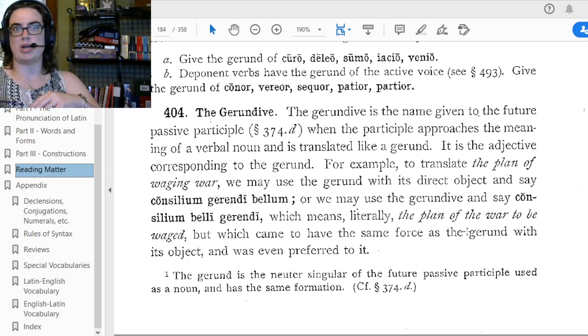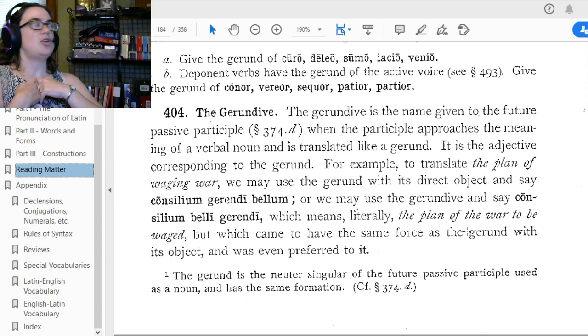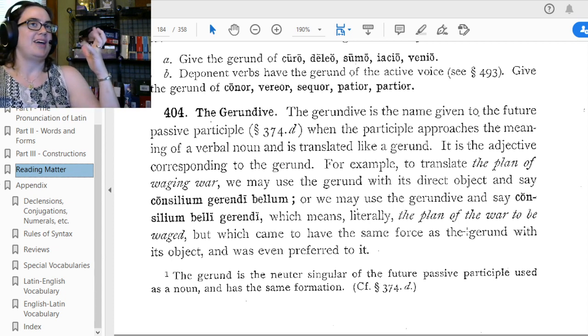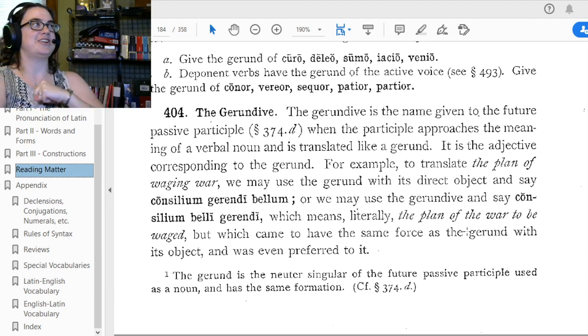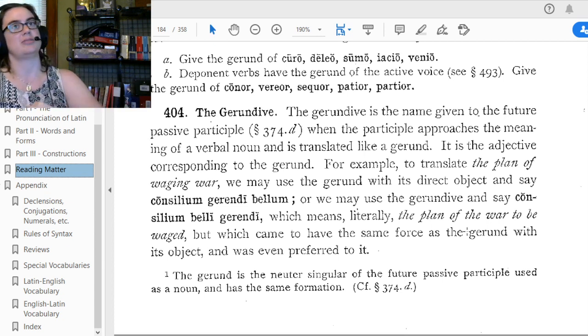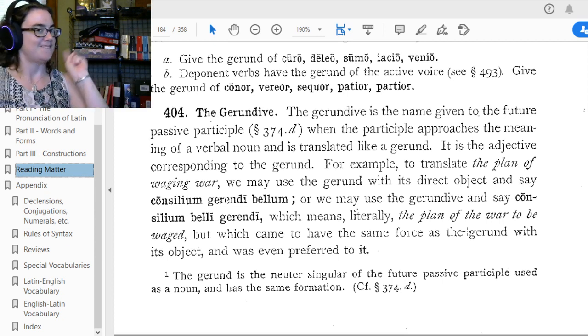The plan of waging war, or you can do it my way, which is a way that nobody recommends. But it's the only way to get the force of the gerundive in English, which is the plan of war-waging. The plan of war waging. Do that in your papers. See if your teachers like that.